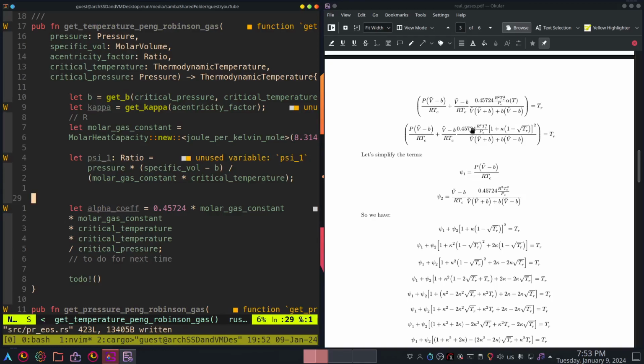There's this long string of numbers right here. So I want V minus B over RTC. If you notice, over here is like a psi1 sort of unit as well. But never mind, I'm going to do it.